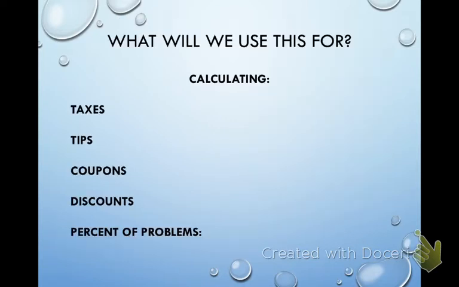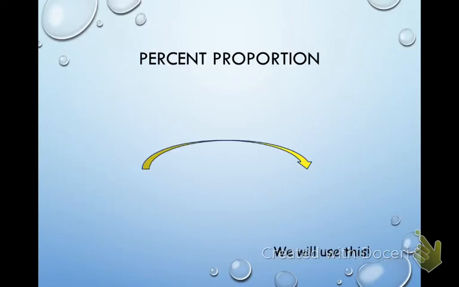So what are we going to use this percent proportion for? Well, we're going to use it every time we calculate taxes, tips, coupons, discounts, and percent of problems, which we're going to start with today because that's the easiest part. So here we go, the percent proportion. Okay, what does it do?